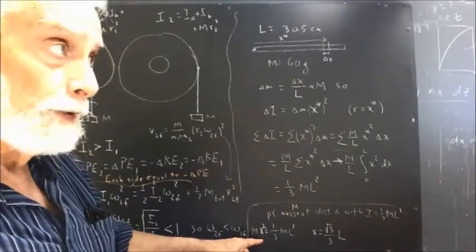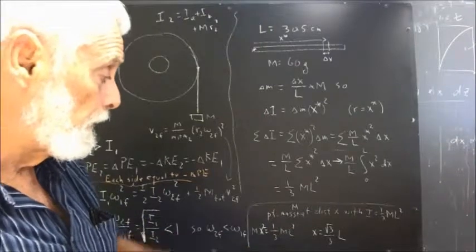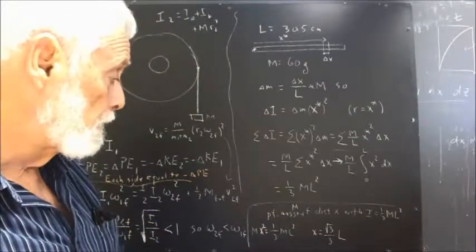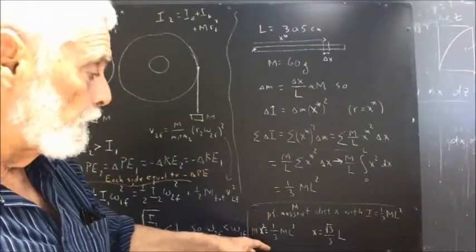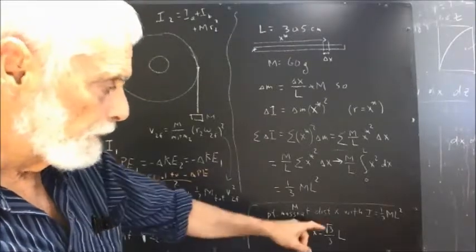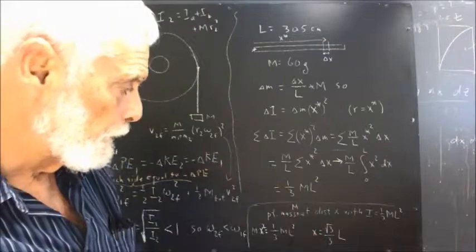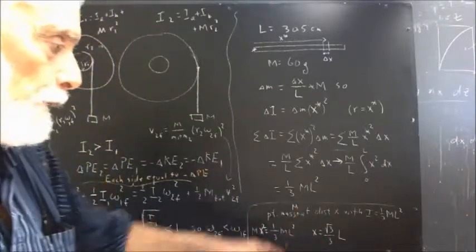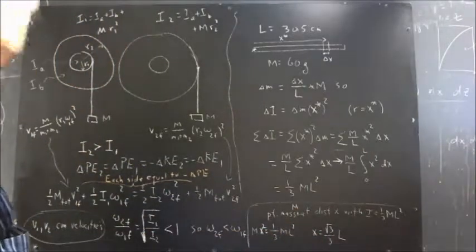And I believe the solution is rather straightforward. We divide both sides by m, and then take the square root of both sides. We'd have the square root of 1/3 times L. And the square root of 1/3 is better expressed as square root of 3 over 3. So that's square root of 3 over 3 times L.